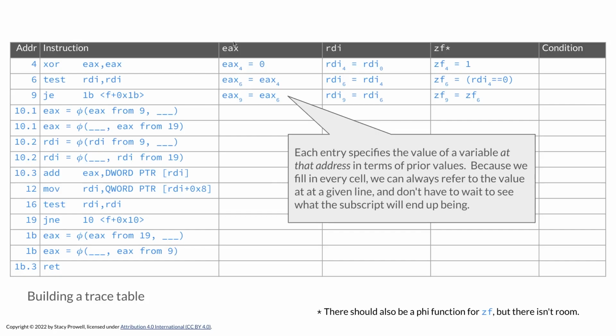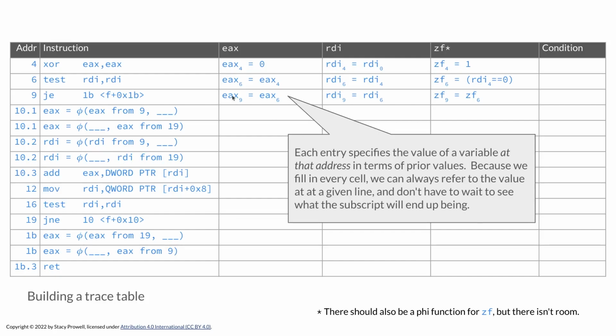Instead of cheating and using 11, you see I've been a little more conscientious, and I've said, well, this is address 10, and this is 0.1 for this phi function, 0.2 for the other phi function, and then down here is 1b for this one. But you see I've broken the phi function apart into the two pieces, EX from 9 and EX from 19, RDI from 9 and RDI from 19, and we'll see how that plays out.